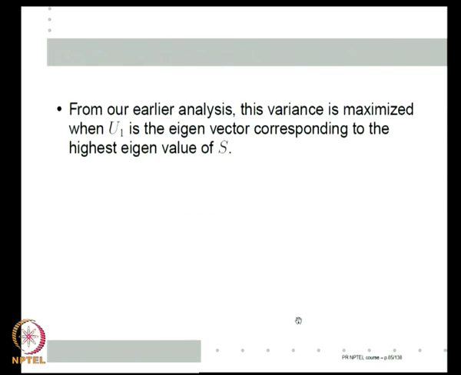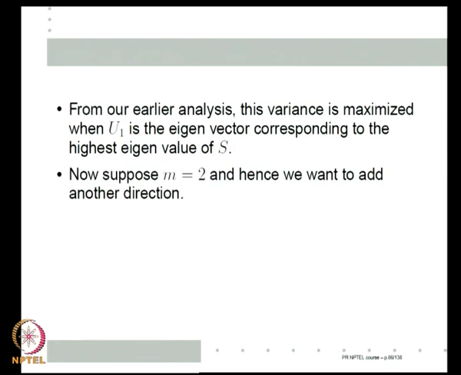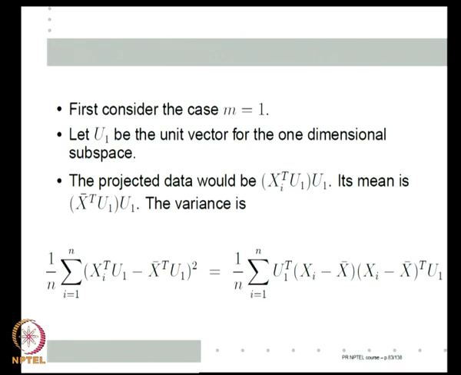And we already know that this is maximized if u1 is the eigenvector corresponding to the highest eigenvalue. Maximizing and minimizing are the same in the sense that if I equate the gradient to 0, I get a solution which might be either a maximum or a minimum.